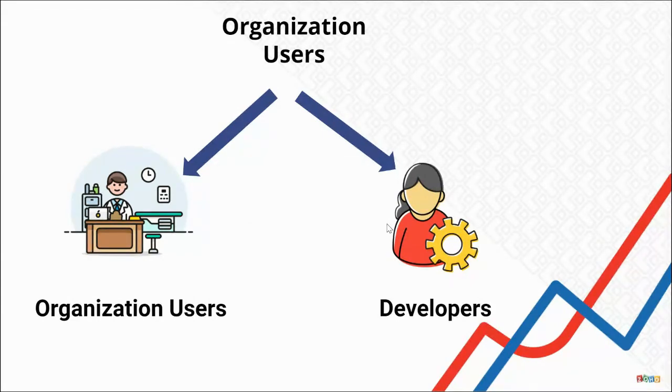Initially, there will be a super admin or admin who will have access to the entire application and the entire account. Within the organization, the admin will set the user level permissions. The salesperson should be able to see these many modules, and should be given read or write permission. The purchase person should only be able to see the purchase module. So he'll give a definition of that, right? Whatever module or forms need to be added, or if any logic needs to be changed, the developer will take care of it.